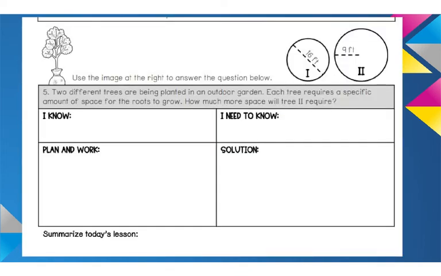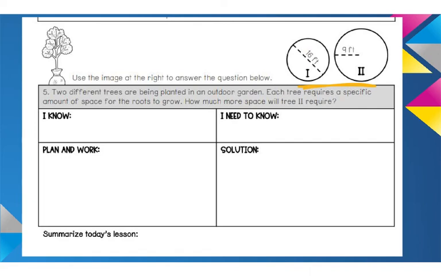All right, so we're going to use this image right here to help us as we go through these next couple of problems. It says 2 different trees are being planted in an outdoor garden. Each tree requires a specific amount of space for the roots to grow. How much more space will tree 2 require? So let's focus on what we do know.